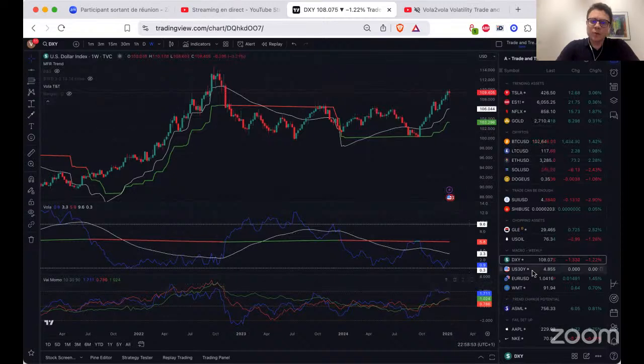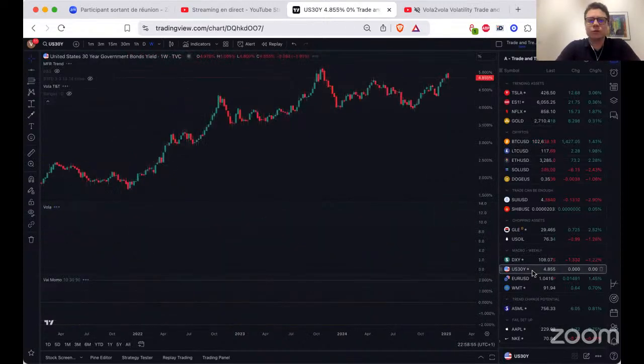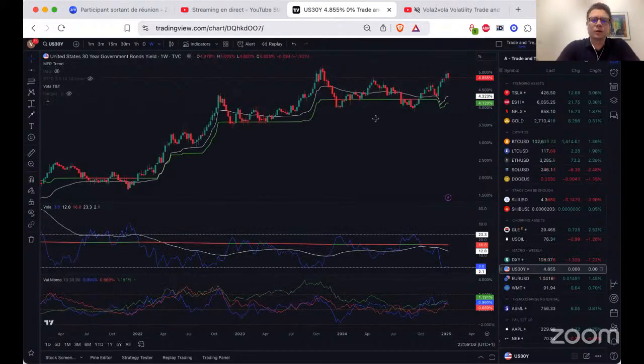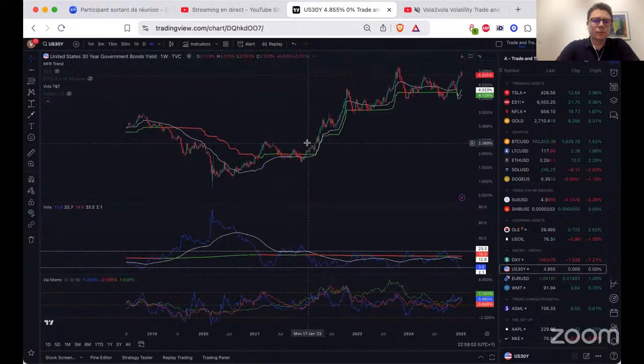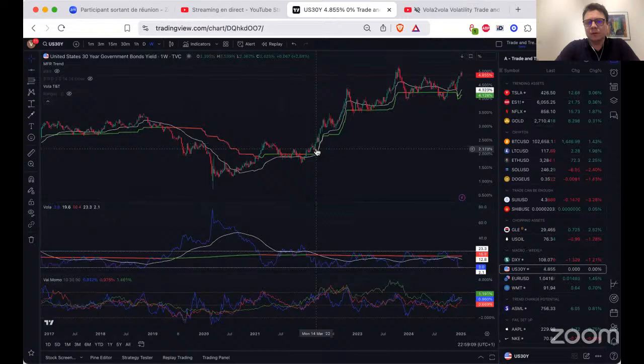Another one I monitor on the weekly is yields, and I will show you, for example, the US 30 years. We got confirmation of the bullish trend on the weekly here on March 22. And since then, what did you have? Boom.